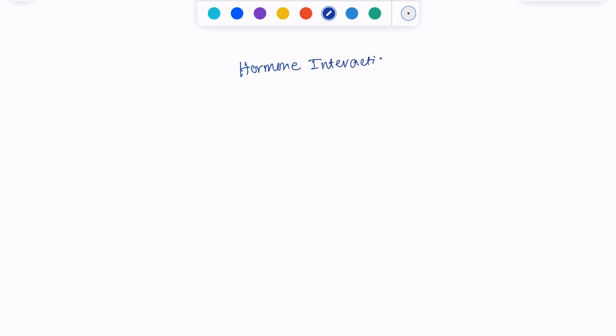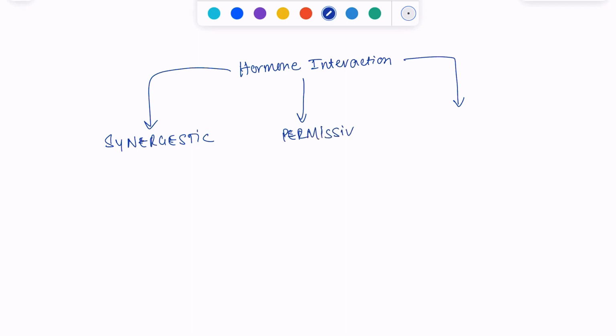The hormone interaction can be divided into three types: synergistic, permissive, and antagonistic.